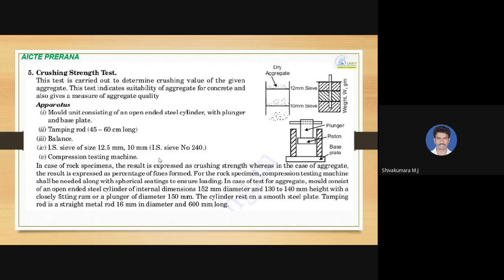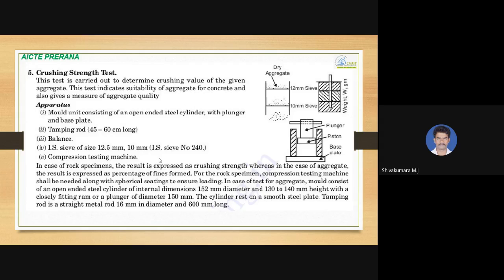The apparatus used here is a mold unit, consisting of an open-ended steel cylinder with a plunger, a base plate, a tamping rod of length 0.6 meters, a weighing balance, sieves of size 12.5, 10, and 2.36 mm, and a compressive testing machine.